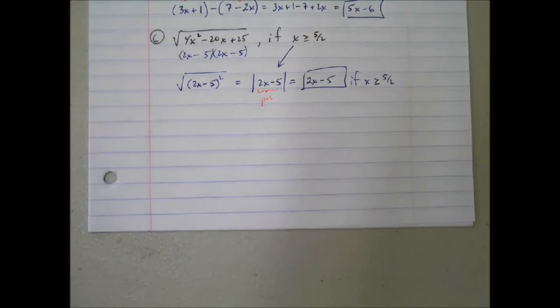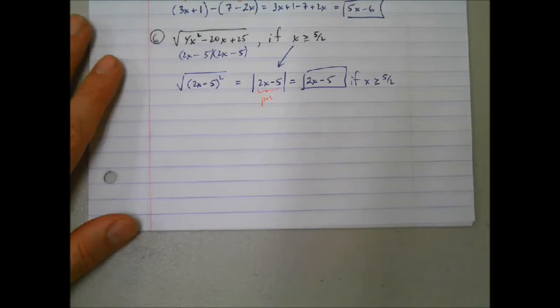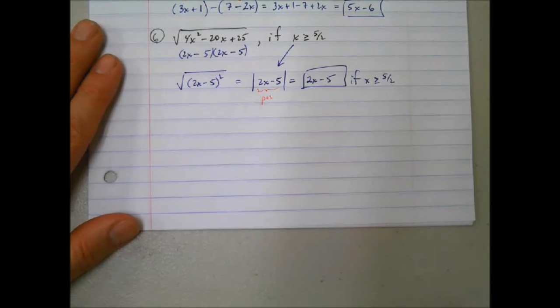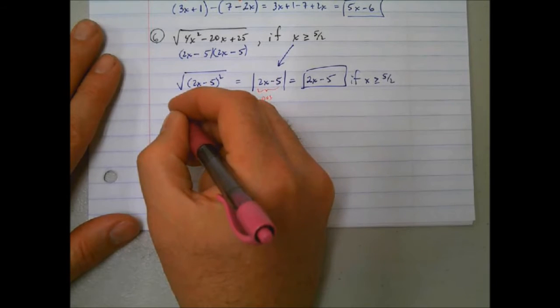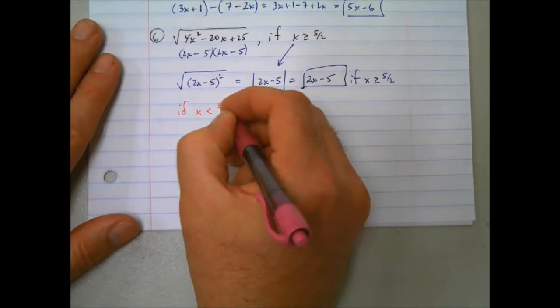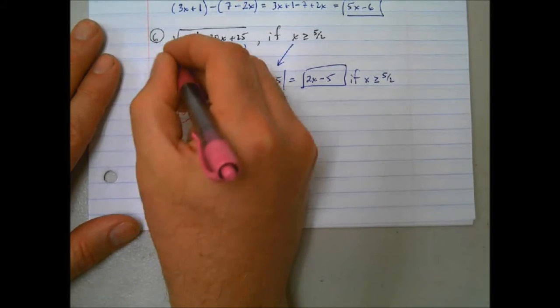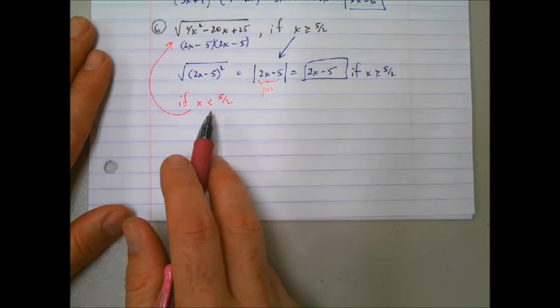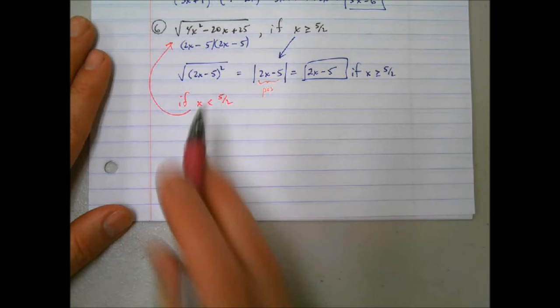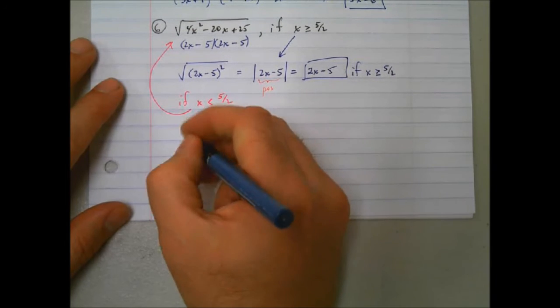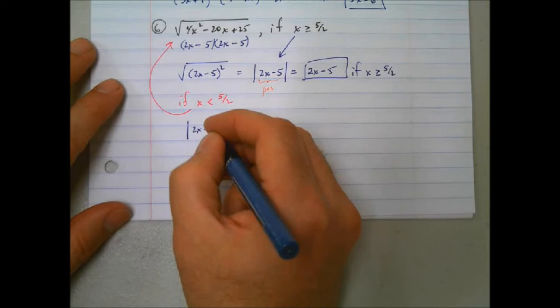Now, I've got a question for you, though. What if it's the exact same problem, but instead of if x is greater than or equal to 5/2, it had said if x is less than 5/2? So same original problem except for the if. Well, we're dealing with the absolute value of 2x minus 5.